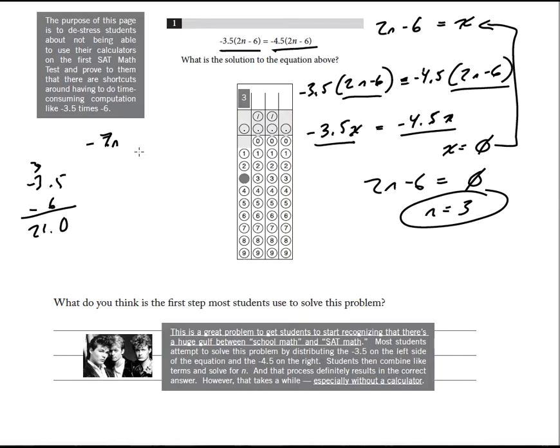You can get the right answer by distributing the negative 3.5 and the negative 4.5 and then isolating the n and solving. That will get you the same answer, n equals 3. But it's not the fastest way to do this problem because you're going to get bogged down in computation. So the fact that this problem is a no calculator permitted question serves as a clue that should let you know the fastest way to solve it, okay?